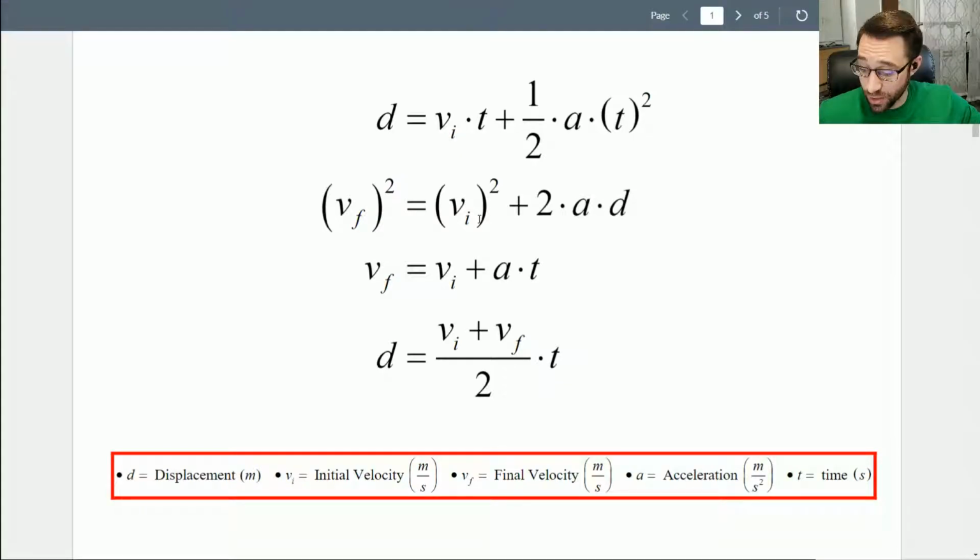We needed something that had acceleration in it, it had initial and final velocity, and it had distance or displacement. So which one of these equations, A, B, C, or D, would we be able to use? Or I should say 1, 2, 3, 4.